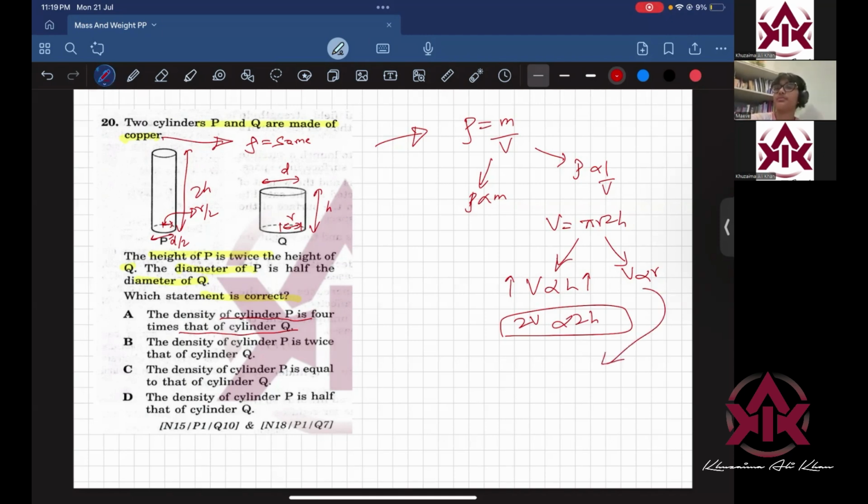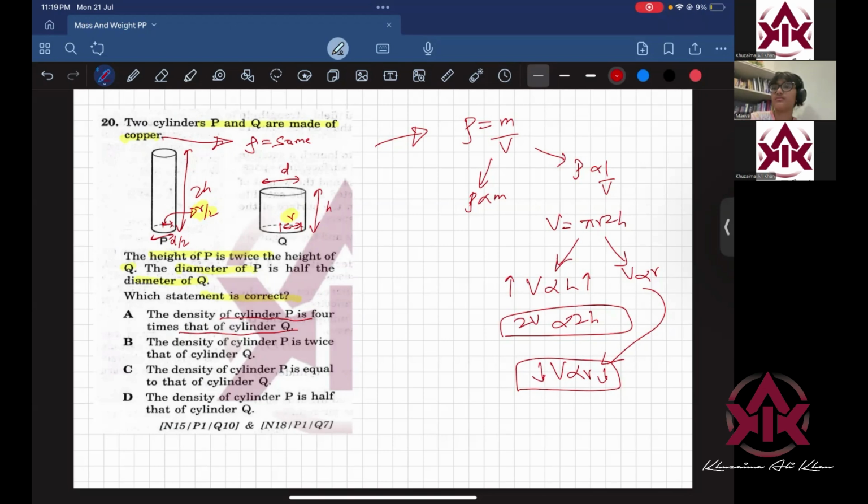The second statement is that the radius of cylinder Q is R and the radius of cylinder P is basically half. From this statement we have a direct proportional relation: if the radius goes down, the volume also goes down.